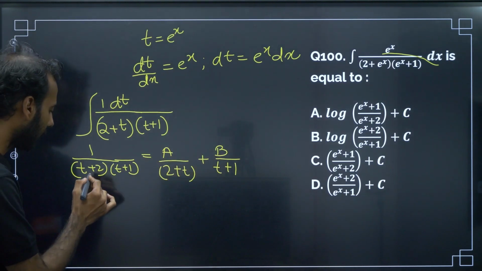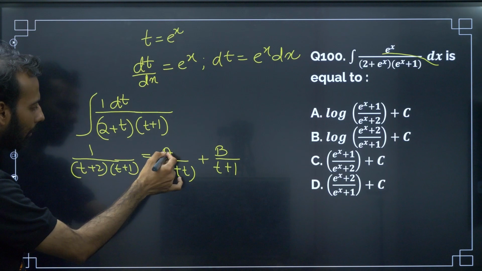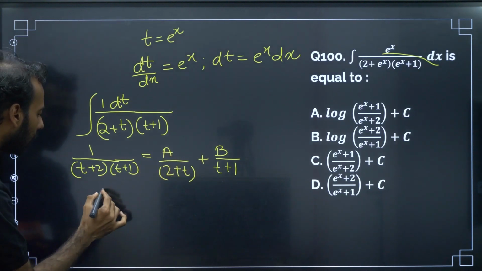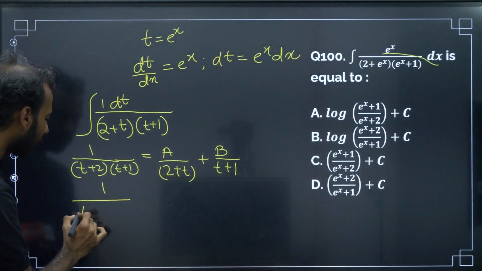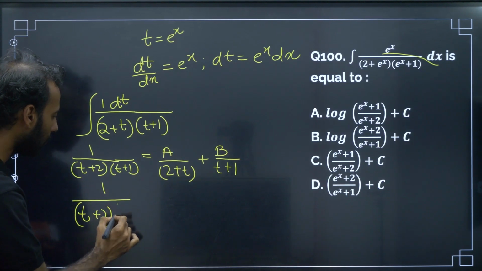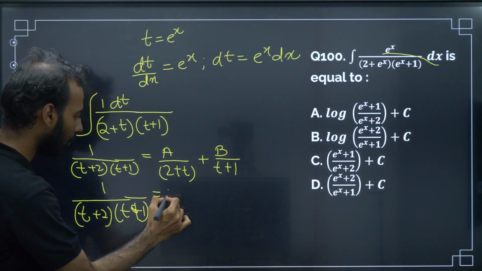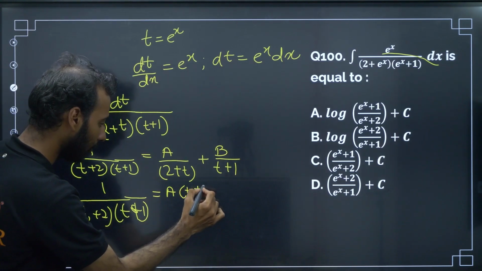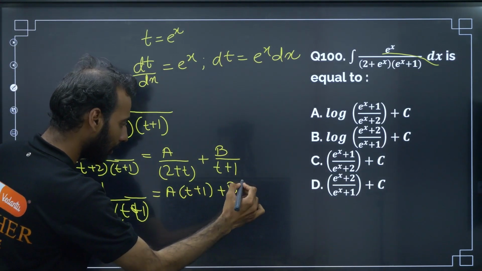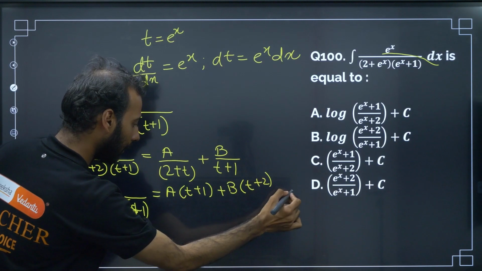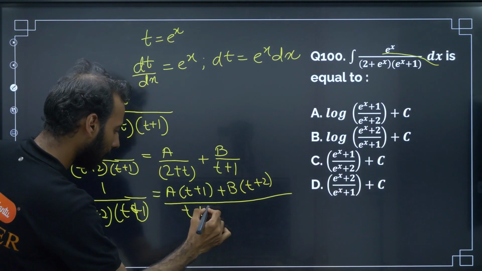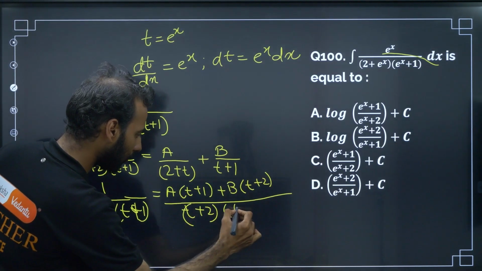Now I have to find the a value and b value. Before that, let me write it like this: 1 over t plus 2 times t plus 1 is equal to a times t plus 1 plus b times t plus 2, divided by t plus 2 times t plus 1.